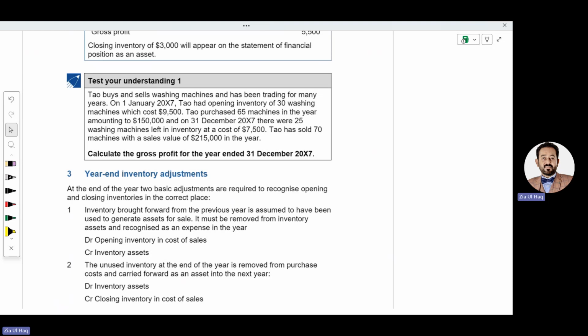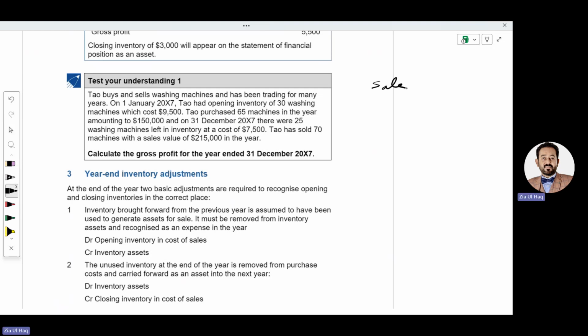Can you calculate gross profit for test your understanding 1?